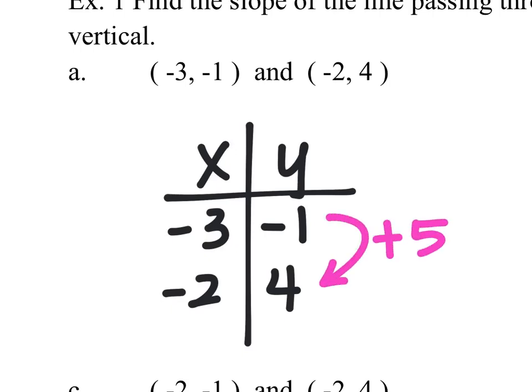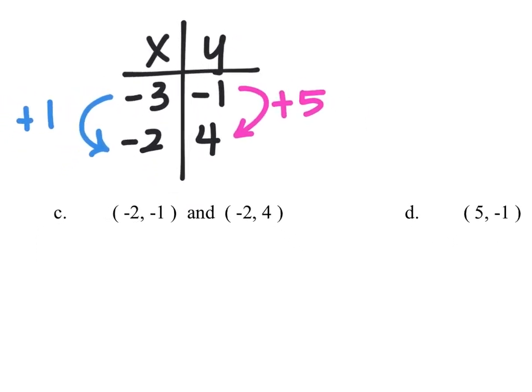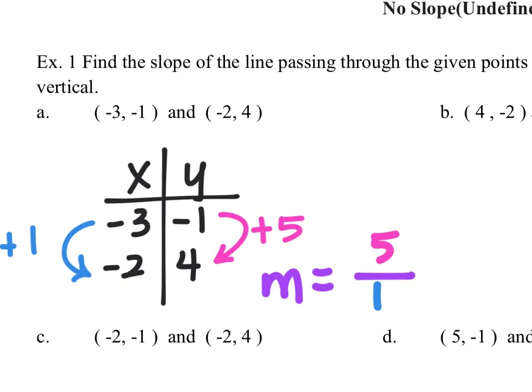Well, I added 5. And how did I get from -3 to -2? Well, I added 1. And I know that the slope is the ratio of the change in y to the change in x. So my slope on that problem is +5.